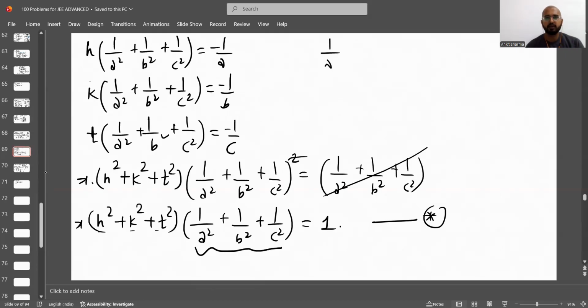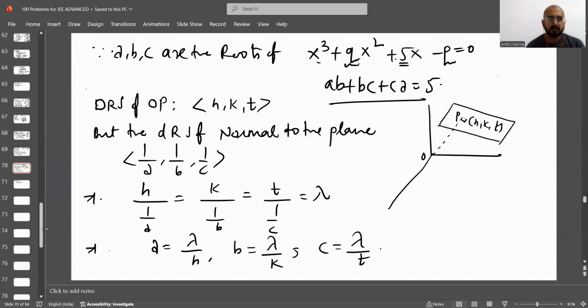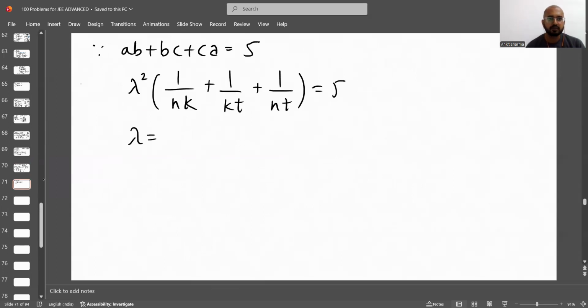So can I write 1 over A square plus 1 over B square plus 1 over C square equal to 1 over H square plus K square plus T square? This won't work.